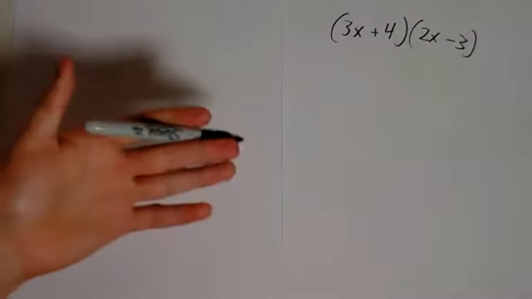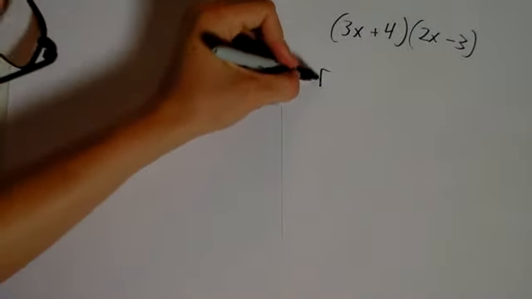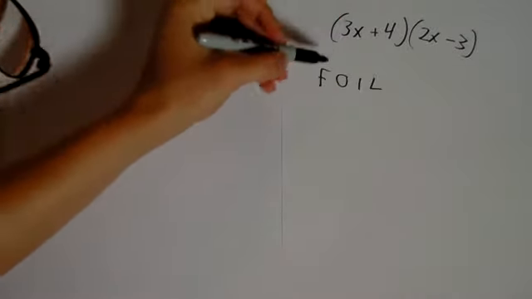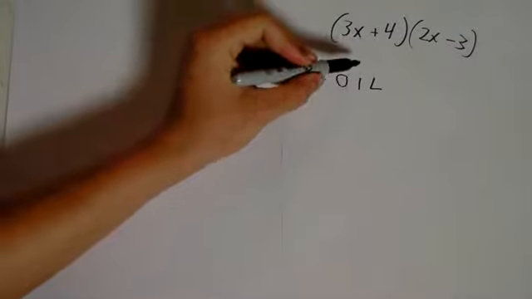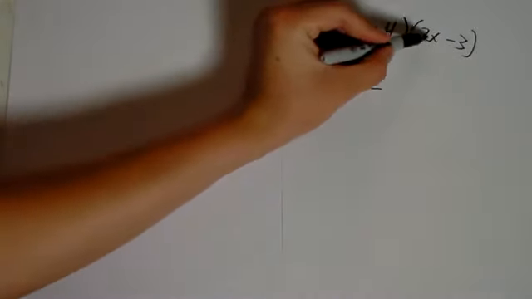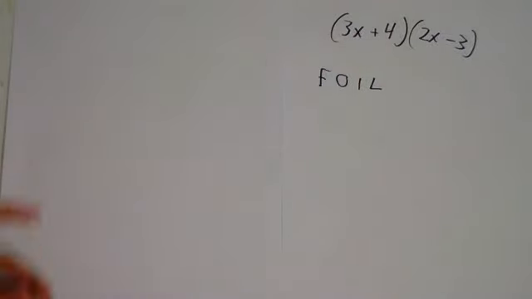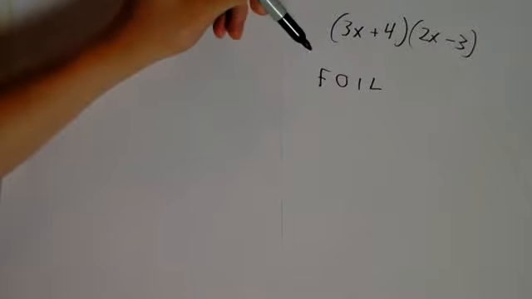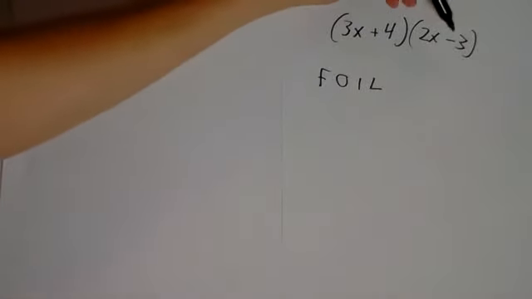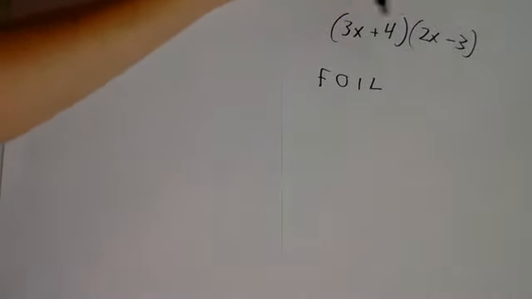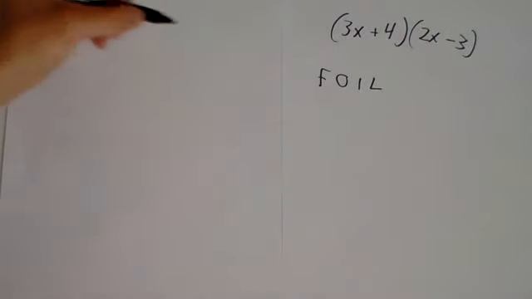Well, what you may have learned is something called the FOIL method. FOIL stands for front, outside, inside, last. You multiply the front terms together, multiply the outside terms together, multiply the inside terms, and then multiply the last terms and add them together. The FOIL method works, but if we think of this as an arithmetic problem in base x, here's what we'll do.